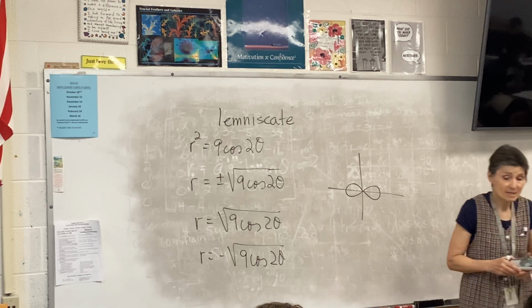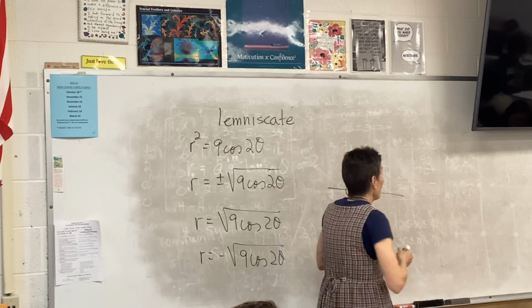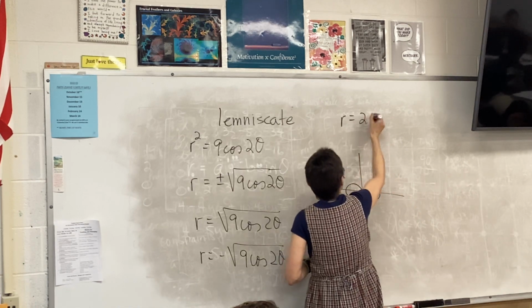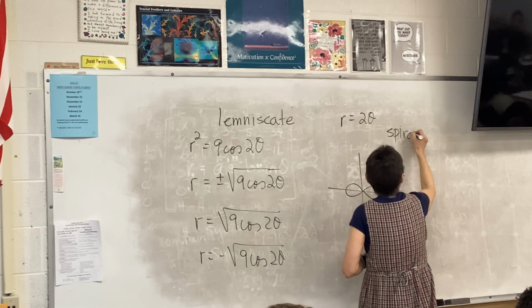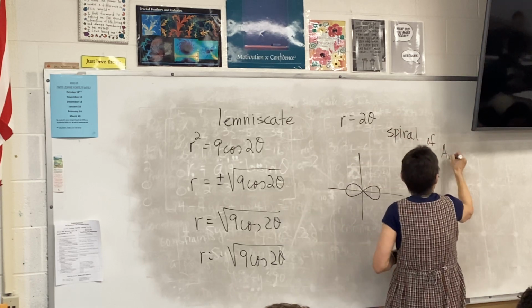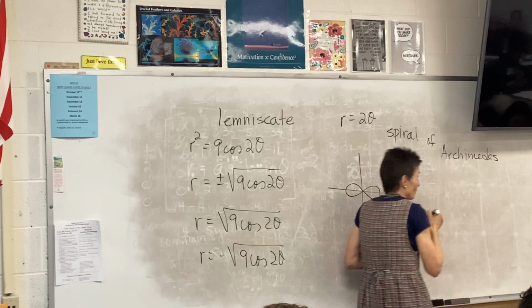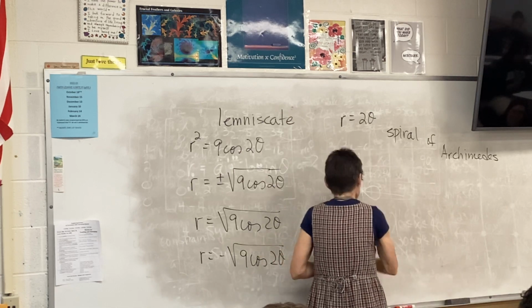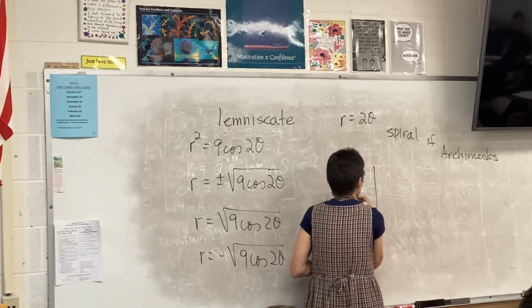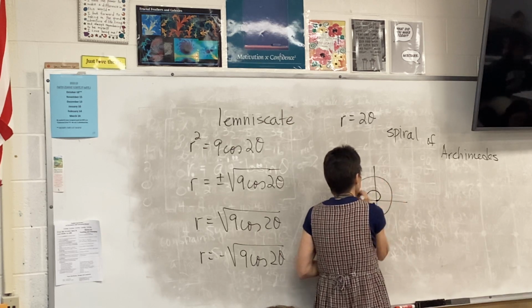All right? This equation, r equals 2 theta, is called a spiral of Archimedes, or an Archimedean spiral. Archimedean spirals, and you watched your calculator do it, start at the pole and spin out.